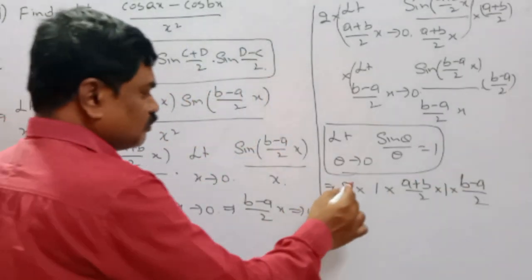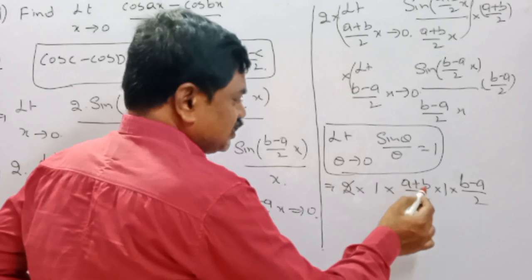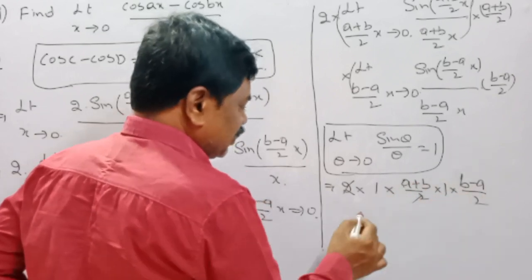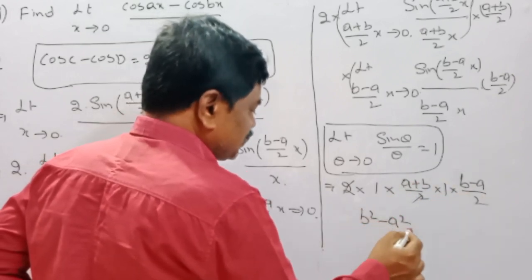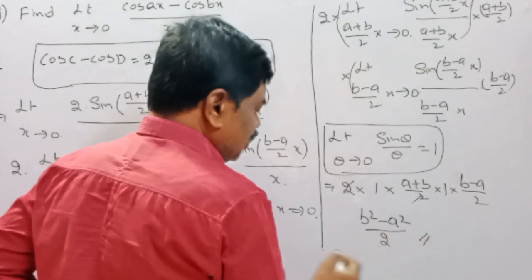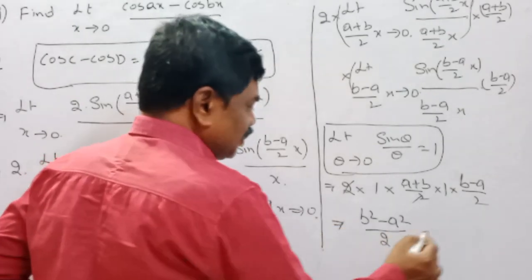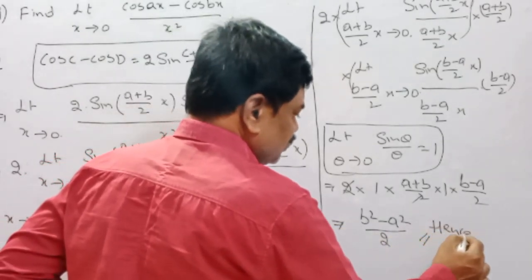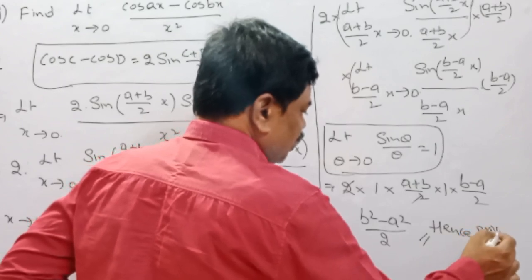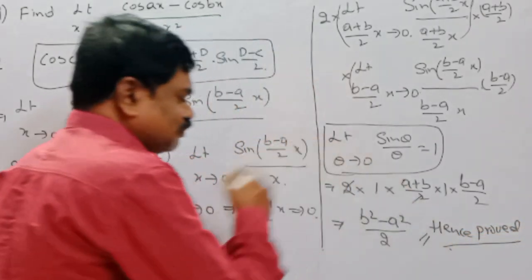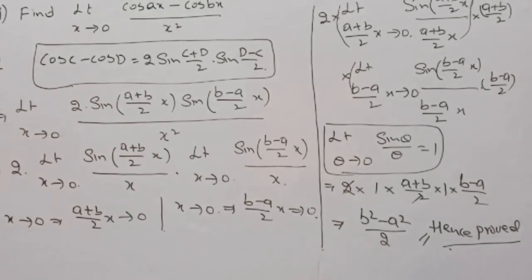Okay, all of you, the 2s cancel. This is (b plus a)(b minus a). So b square minus a square by 2 is the result. Hence the result. Okay, all of you, that's all. Thank you.